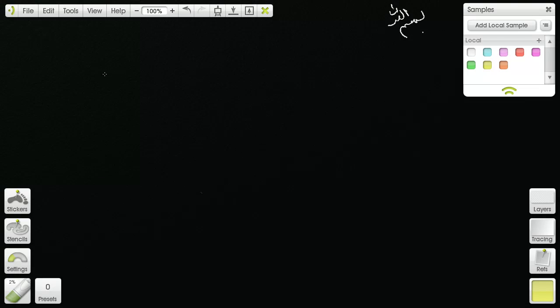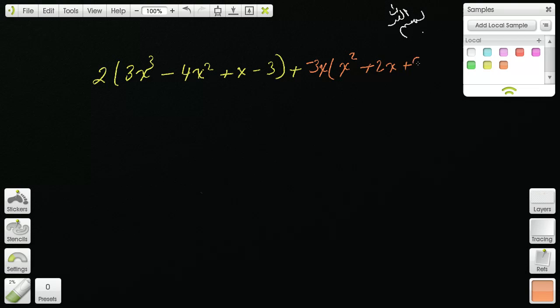So, for example, if I give you 2 times the quantity 3x cubed minus 4x squared plus x minus 3, plus negative 3 times the quantity x squared plus 2x plus 5, let's say. So we are requested here to simplify this expression.